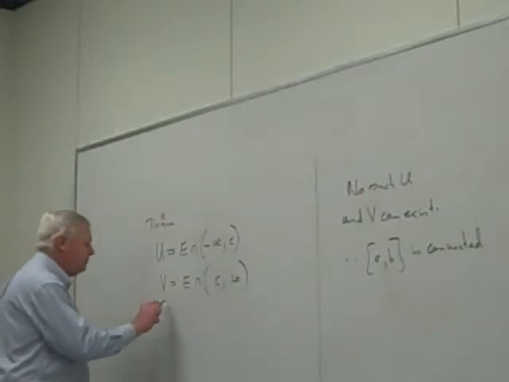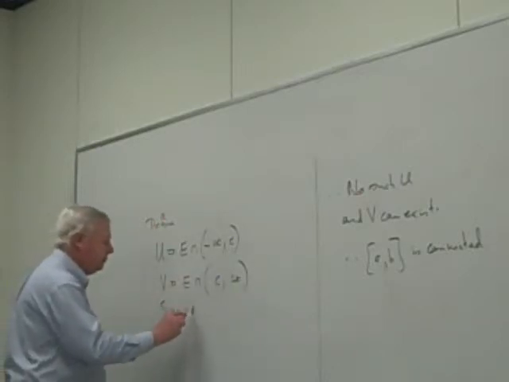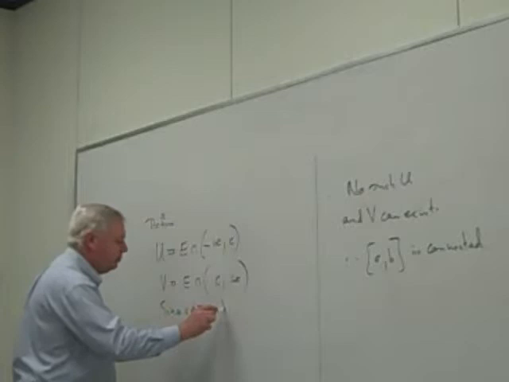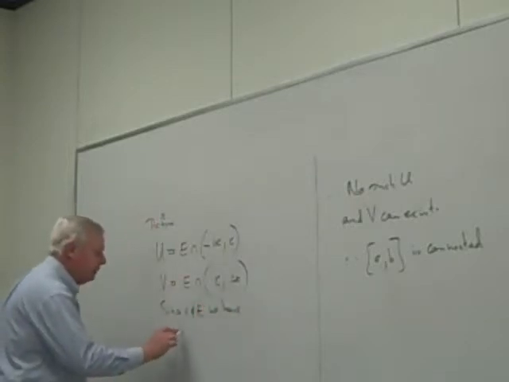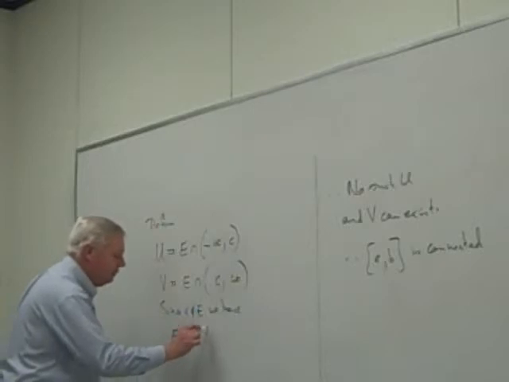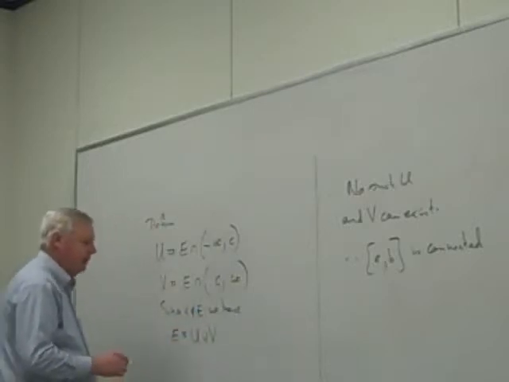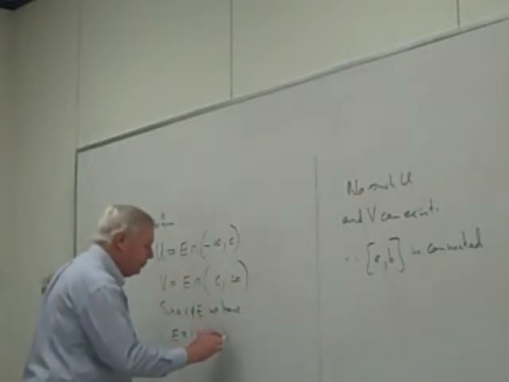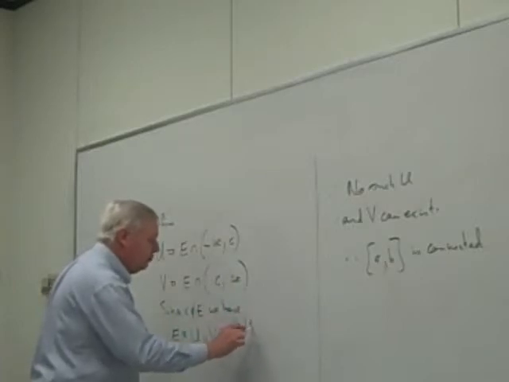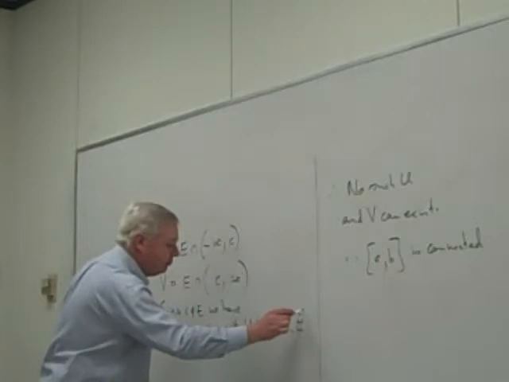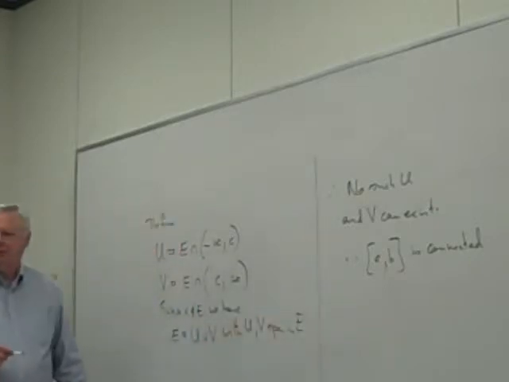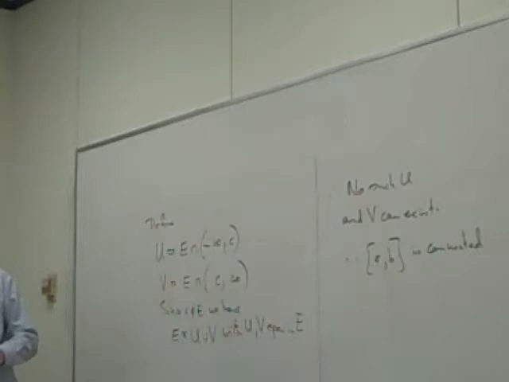So since C is not in E, we have that E is U union V, with U and V open in E.